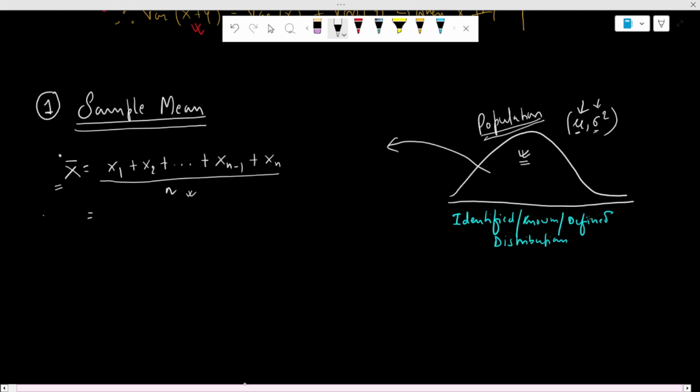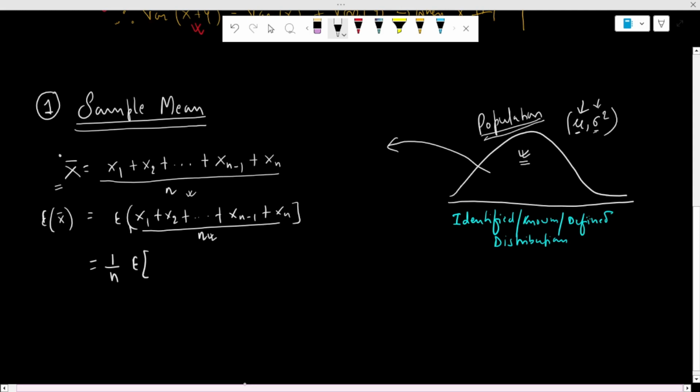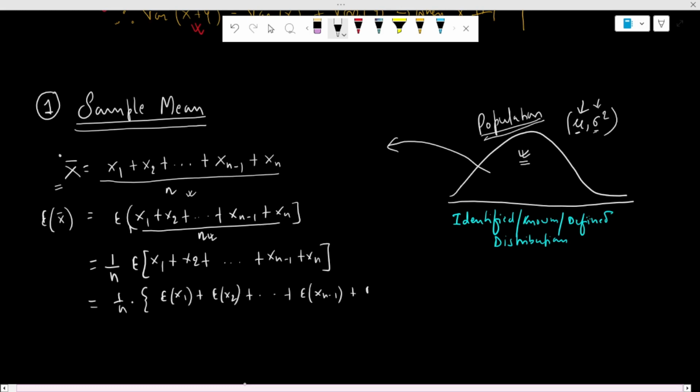Now let us take the expectations on both sides. We know that the expectation of the sum is equal to the sum of the expectations, as well as the expectation of a constant is the constant itself. So let us take 1 by n outside and write it as expectation of x1 plus and so on.